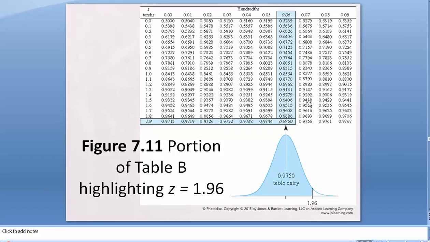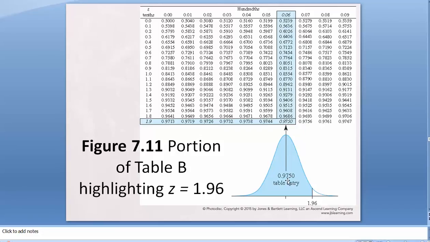And then what you do is you go to the table. Right on the leftmost column, you will find Z up to the first decimal place, and the second decimal place, the 6, you can find right on top. So if you get the meeting point of this row and the column, you will find the probability, or the area under this curve.